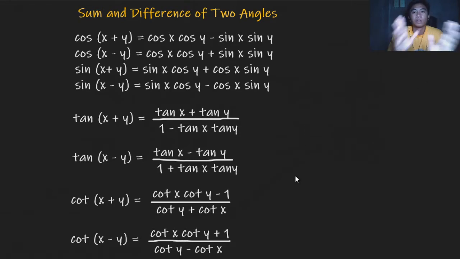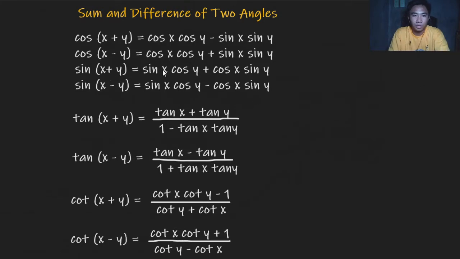So, ito talaga yung mga yan, sariling practice kung paano mo marirecite. Gumawa ka ng sarili mong palatandaan kung paano mo matatandaan. Yan. So, cosine x plus y, kumakuha siya cosine x, cosine y minus sine x, sine y. And then, nung naging minus to, itong nasa loob nila, nung naging positive lang to, nag-change lang naman yan ng sign. So, matatandaan mo yung isa, tapos mag-change lang siya ng sign.